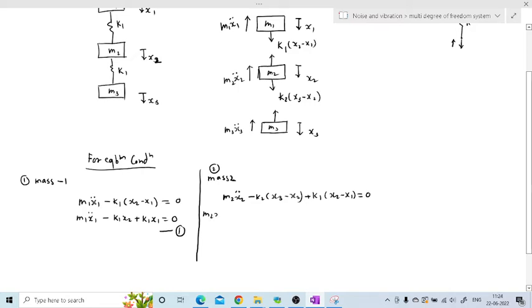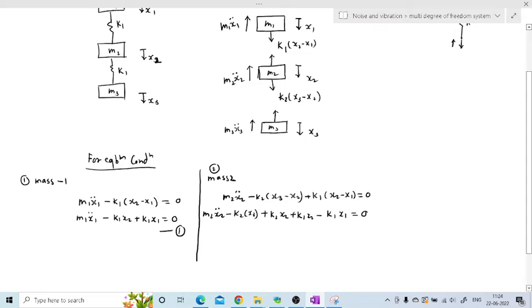So m2 x2 double dot minus k2 x3 plus k2 x2 plus k1 x2 minus k1 x1 will be equal to 0. Now whatever terms are common, yes, you can take common.